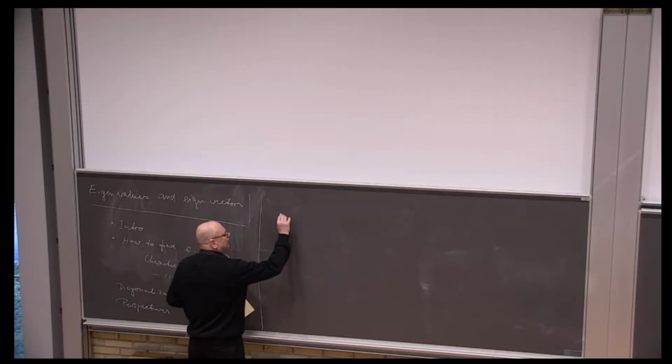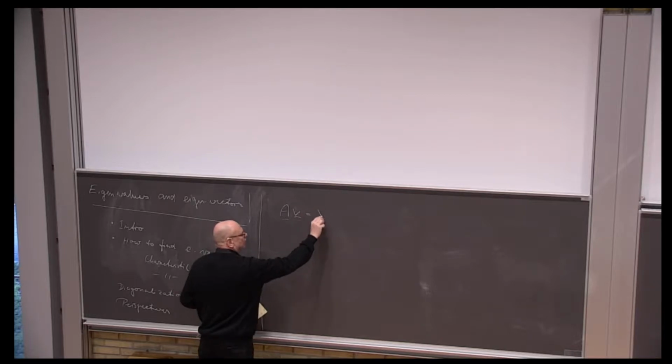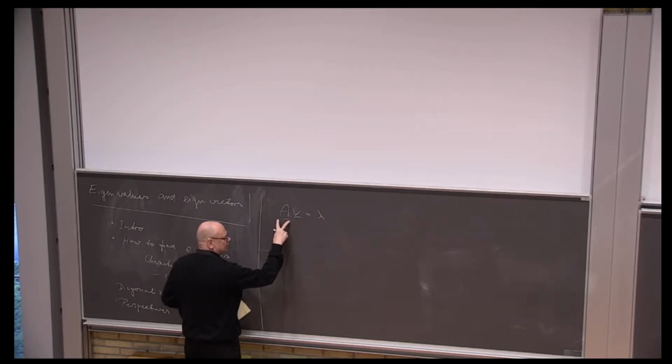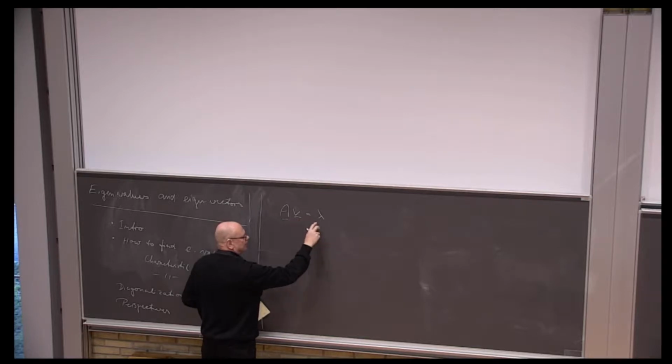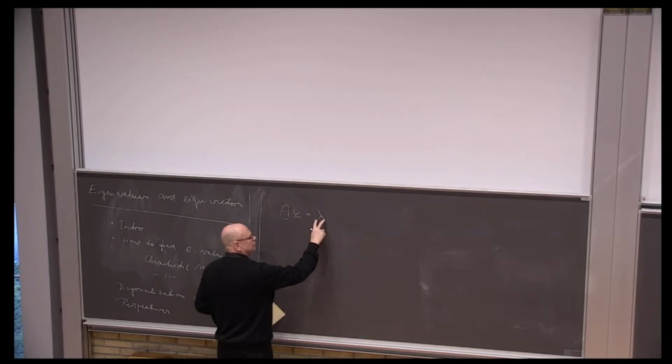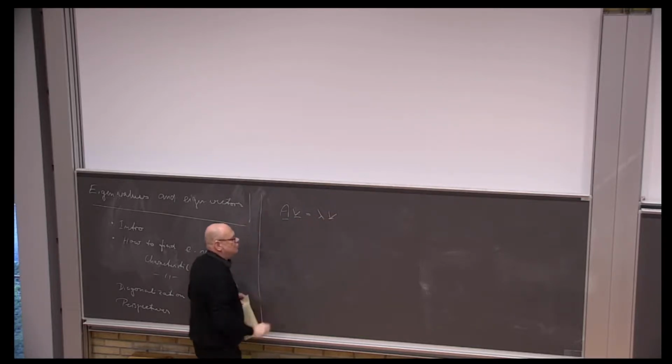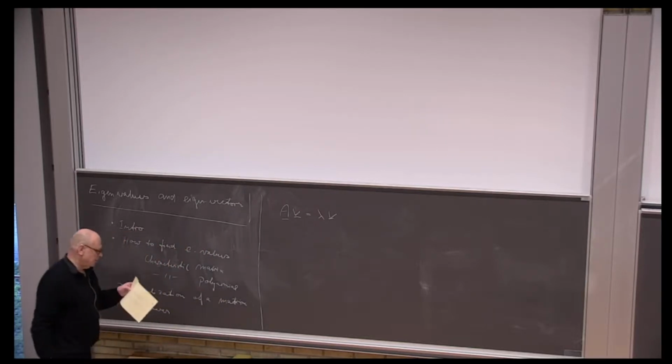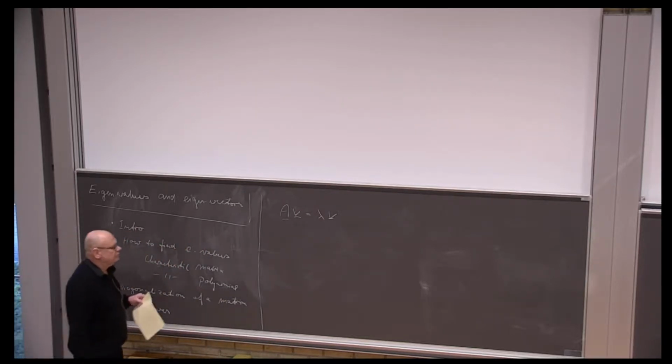So we're looking at the matrix eigenvalue problem, where you have a matrix A, and it's n by n, and you multiply it by some vector v, and then it should be equal to lambda times v. So you have to find a solution to that problem.